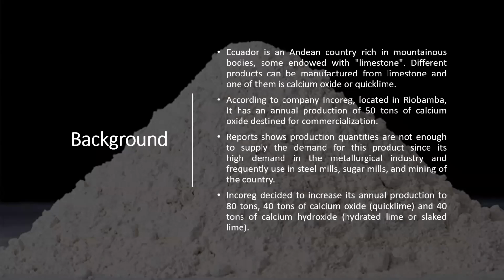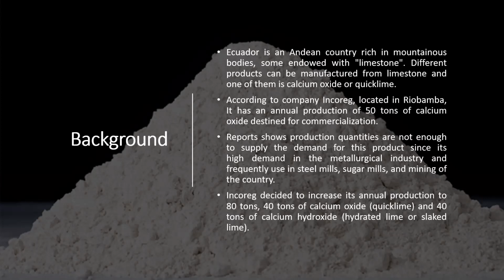According to a study made in a company called Incoret, which is a quicklime company located in Riobamba, they have an annual production of 50 tons of calcium oxide destined just for commercialization.